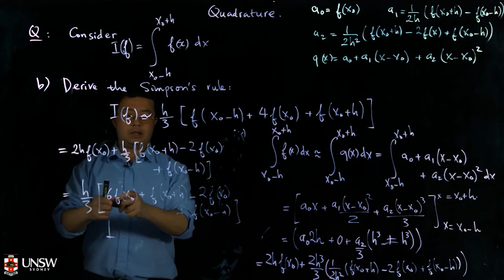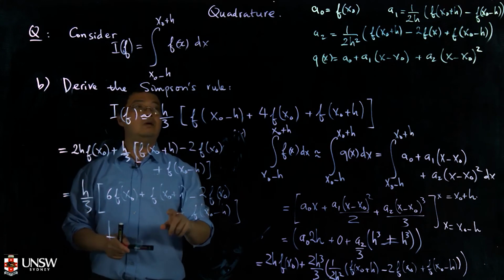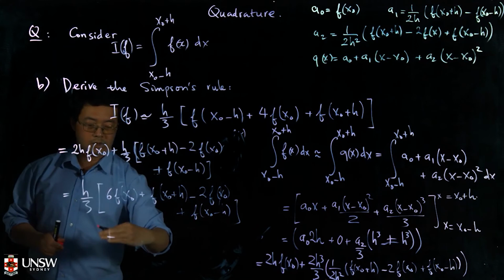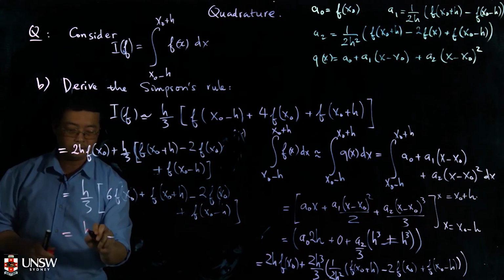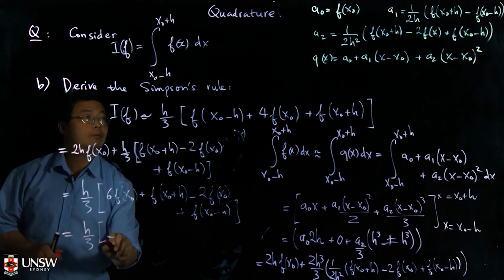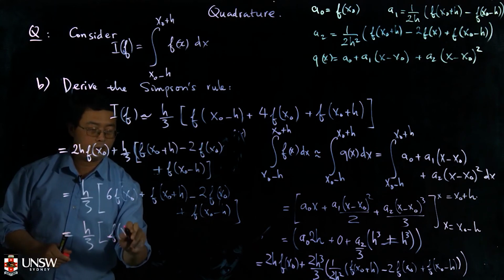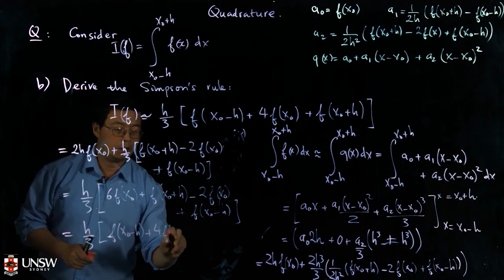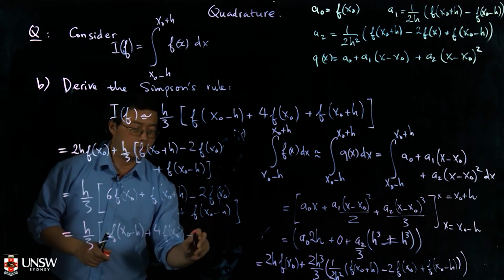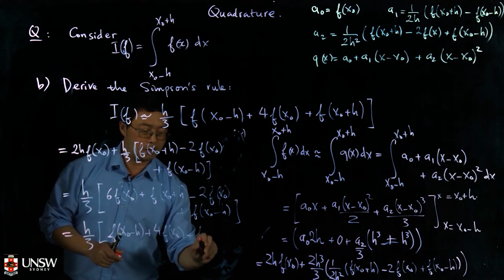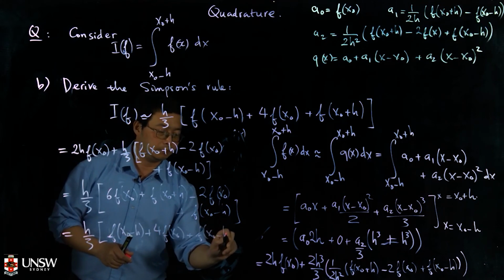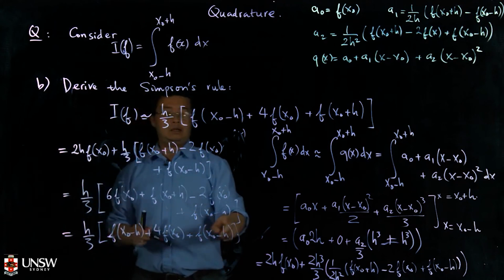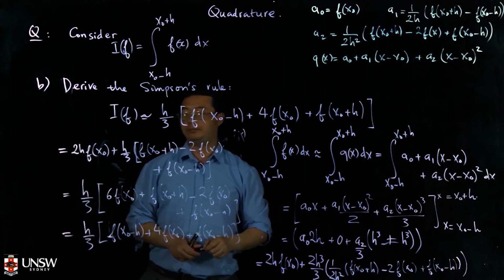So the 6 here minus 2 is just 4, and then you have exactly the formula for the Simpson rules: f(x0 minus h) plus 4 f(x0) plus f(x0 plus h). And this is exactly the formula we want to derive.